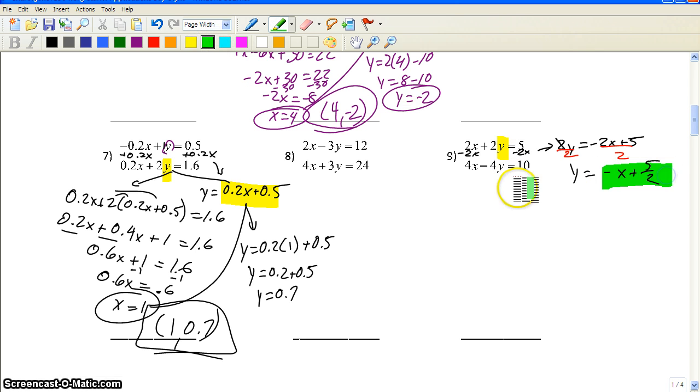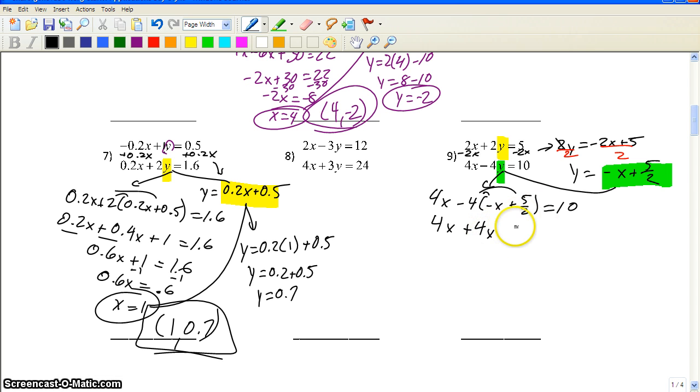So we're going to take this, and we're going to put that into the other equation for y. So 4x minus 4 times negative x plus 5 halves equals 10. We're going to distribute: 4x plus 4x, minus, then negative 4 times 5 halves is going to be negative 10, and it's going to equal 10.